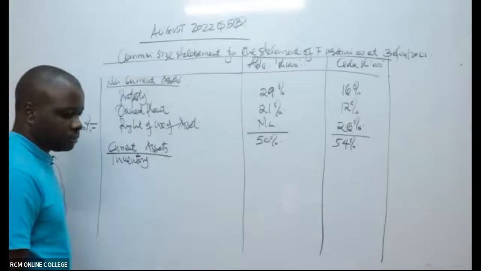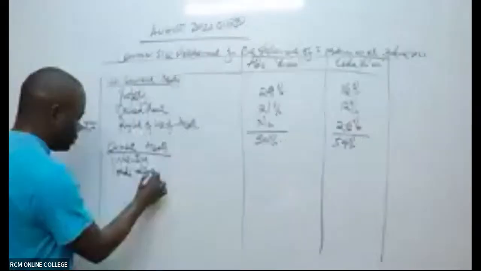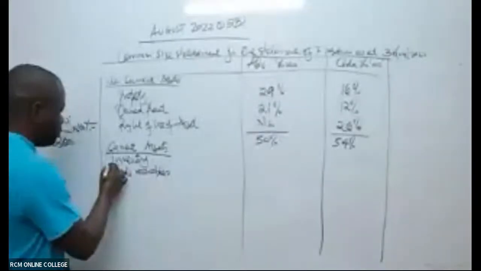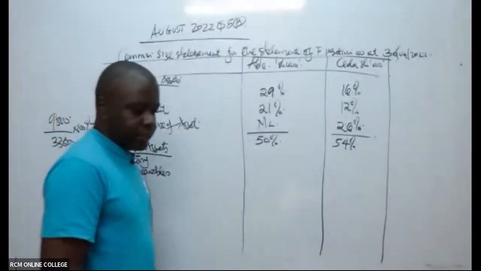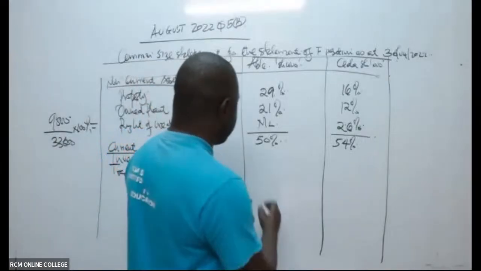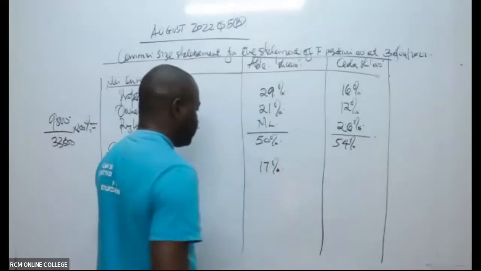Inventory. Then you have trade receivables. Inventory is 16.7%, so if you round off to a whole figure, that is 17%.